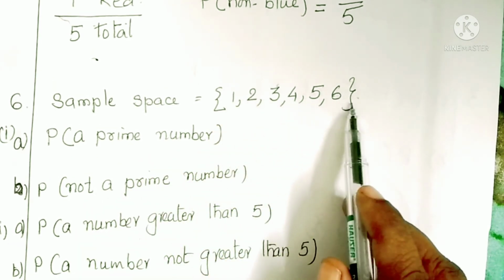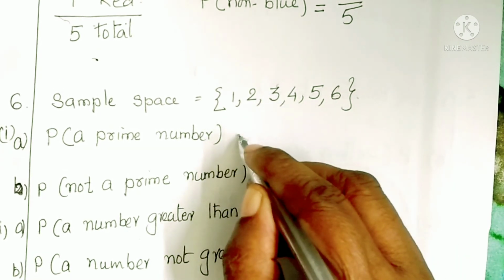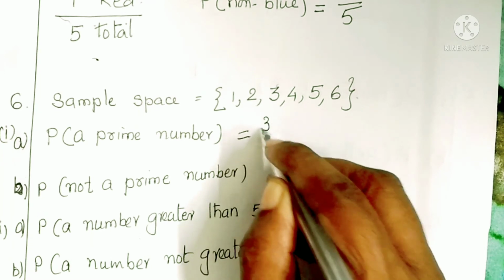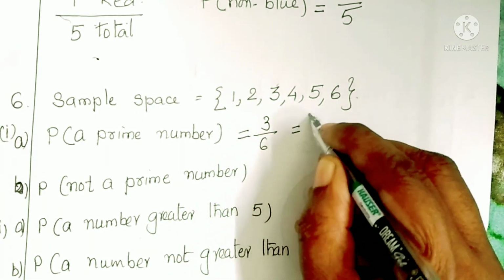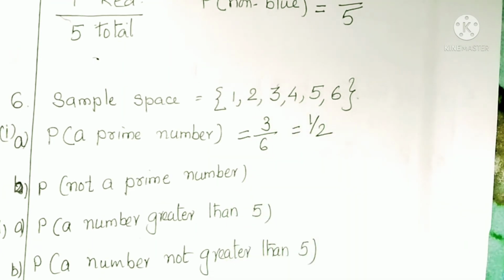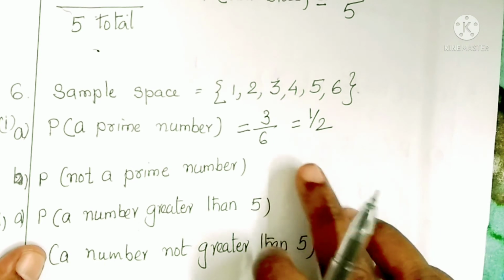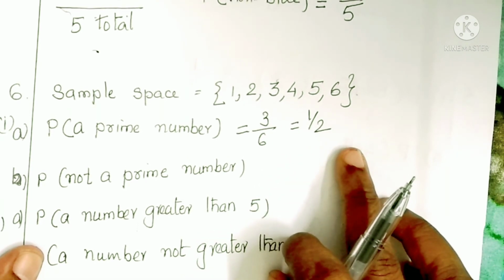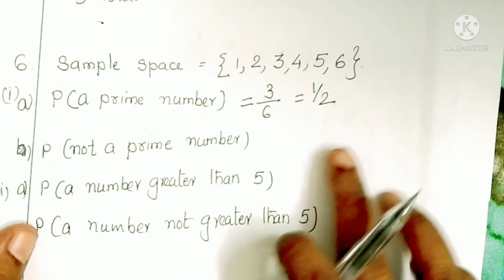So here how many are prime numbers? 2, 3, 5. That is 3 out of 6. So what is 3 out of 6? 1 out of 2. So every time you take 2 numbers, from that one will be a prime number. That is the probability.